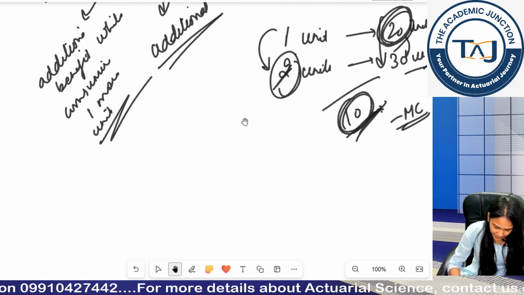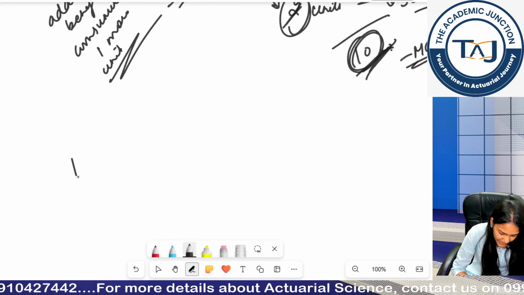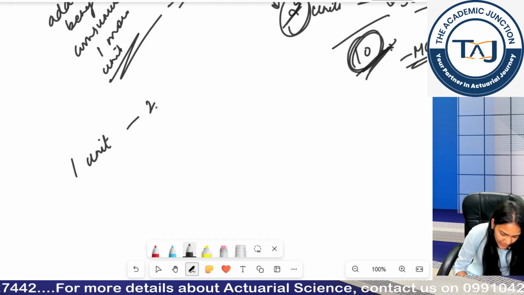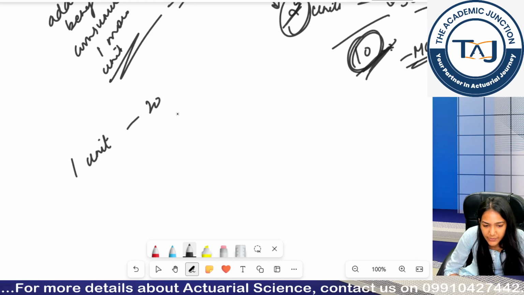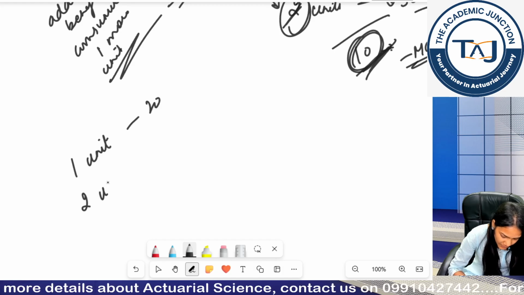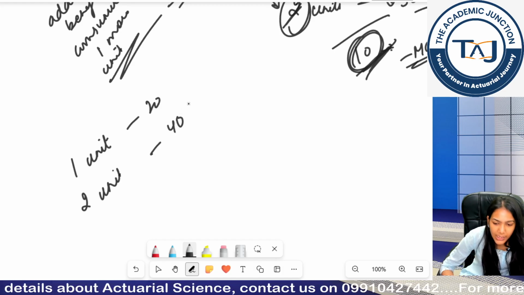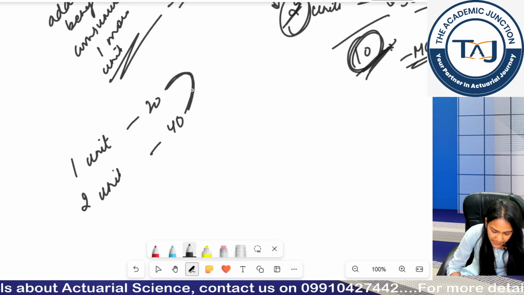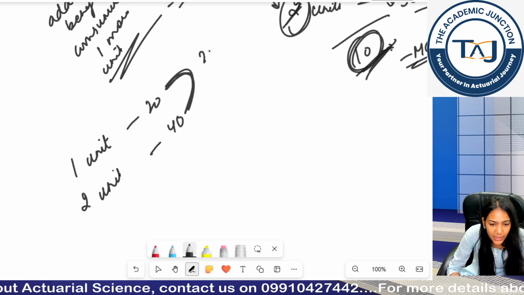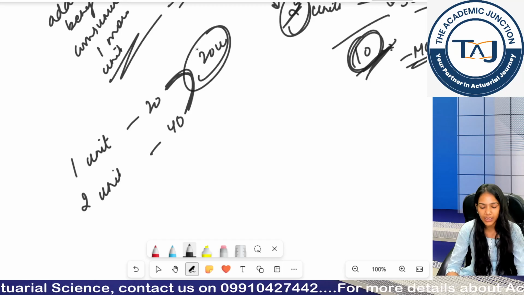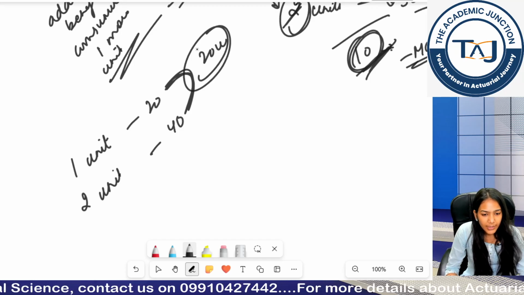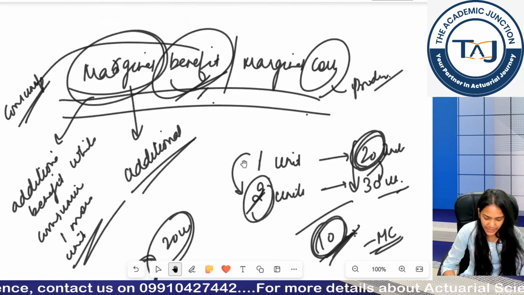For example, by consuming 1 unit I am getting 20 utils of satisfaction, while consuming 2 units I am getting 40 utils of satisfaction. So what is my additional satisfaction? 20 units of satisfaction. Is the concept of marginal benefit and marginal cost clear?